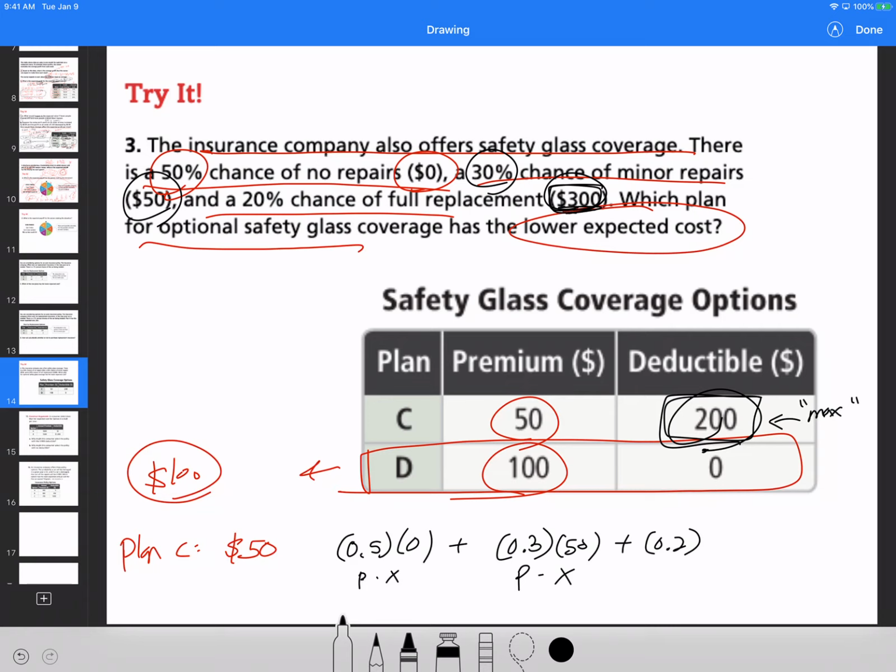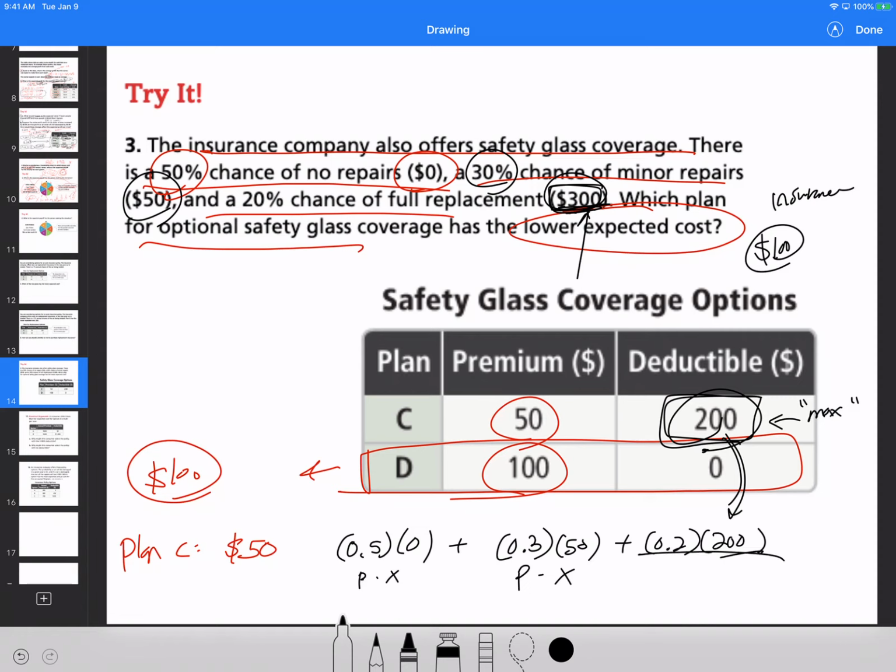So even though the replacement costs you $300, you're not going to write $300 here. You're going to write $200 there because the extra $100, the insurance covers. Even though the cost is $300, you're only subject to paying $200.